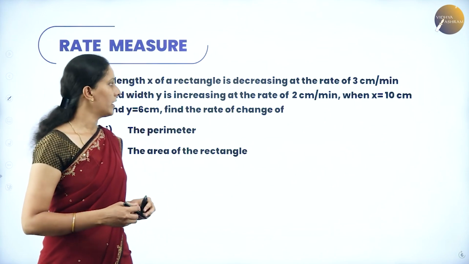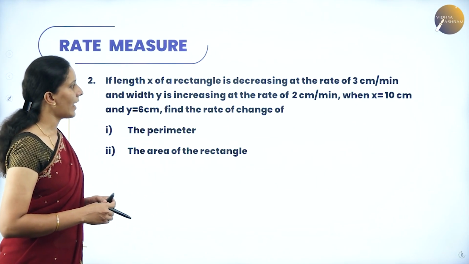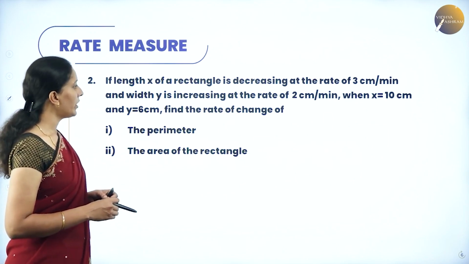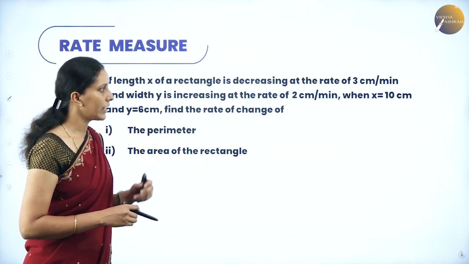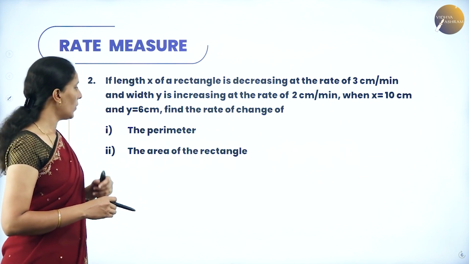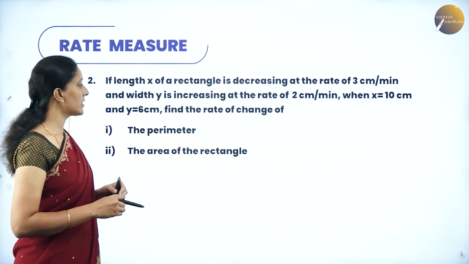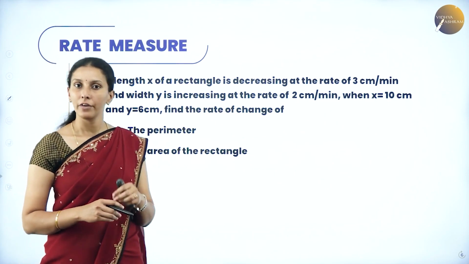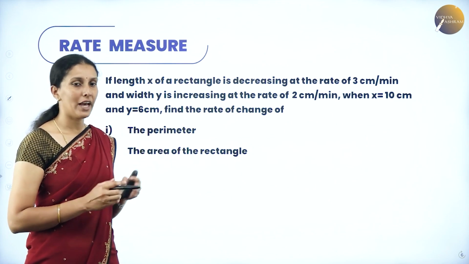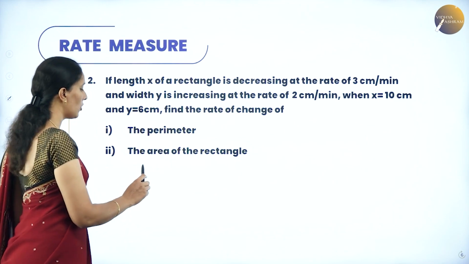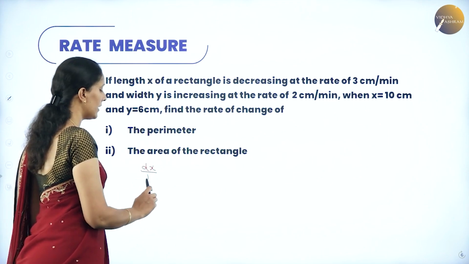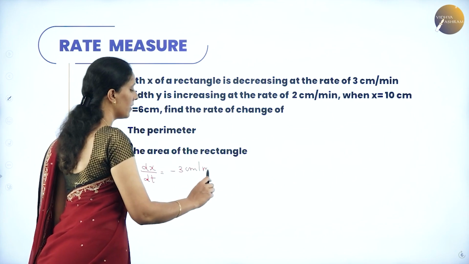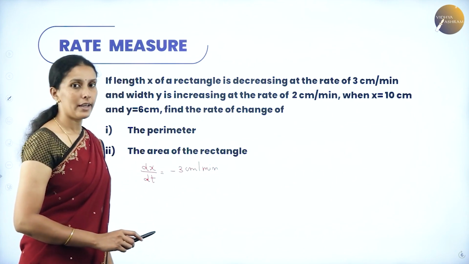So the next question here is, if the length of a rectangle is decreasing at the rate of 3 centimeter per minute and width y is increasing at the rate of 2 centimeter per minute, when x is equal to 10 centimeter and y is equal to 6 centimeter, find the rate of change of perimeter and area of the rectangle, as we have done in the previous problem. So rate of change of length, that is dx by dt, is minus 3 centimeter per minute, because they have said it is decreasing.